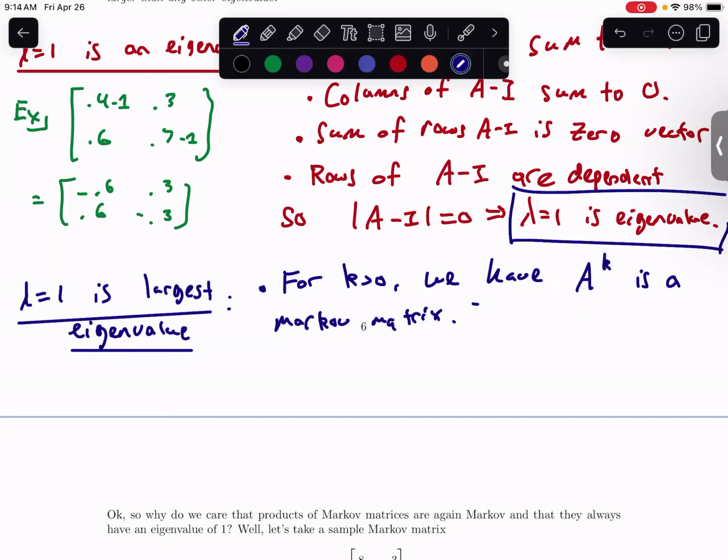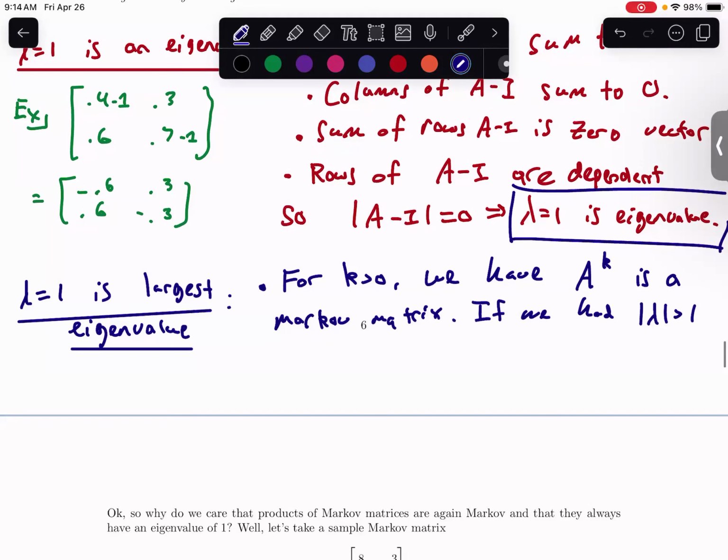The other observation is that if we had some lambda such that lambda was strictly greater than 1, this would imply that A to the kth power would be growing to infinity.